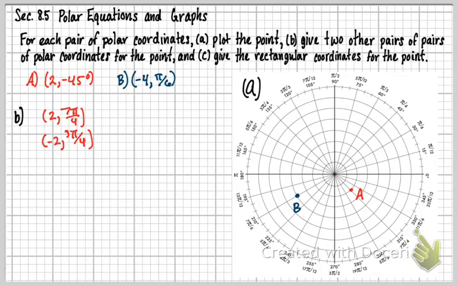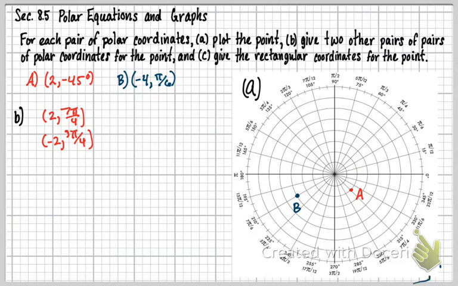Now we're going to move on to part B for this blue point, the second point, point B. So now we're going to take a look at this point. We dealt with pi sixth, which was here, and then in the negative direction, so we shot out this way. Now we could do a negative angle.